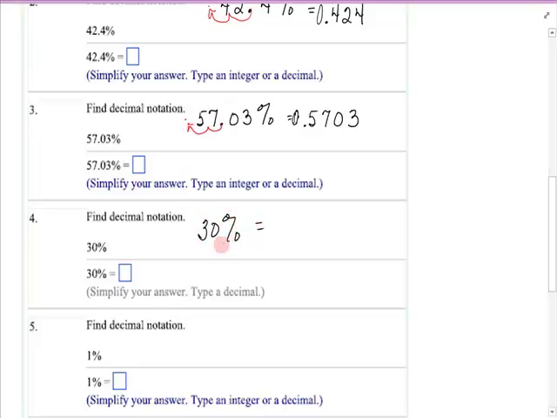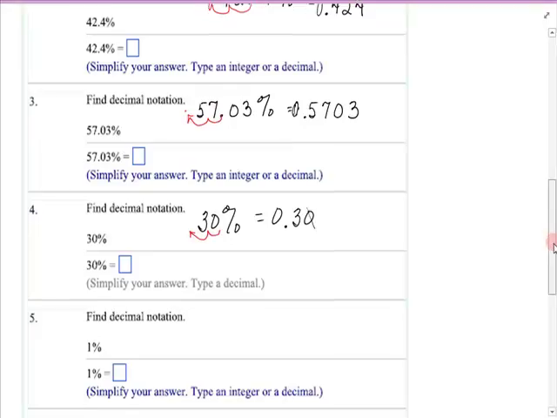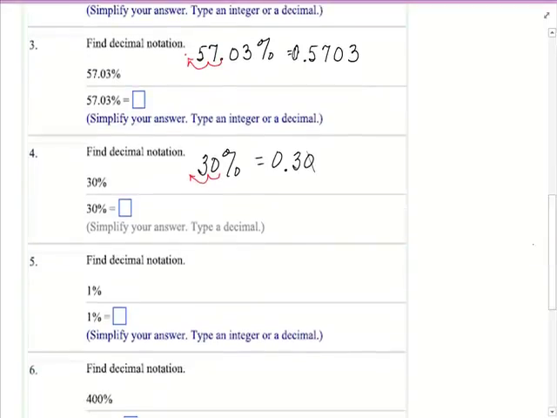Pick up the decimal, go 2 to the left, and you get 0.30. It is completely correct if you leave this 0 off when you write your final answer. It's okay if it's on, it's okay if it's off. We might need to check. If Math Lab counts it wrong, then drop that 0 off.